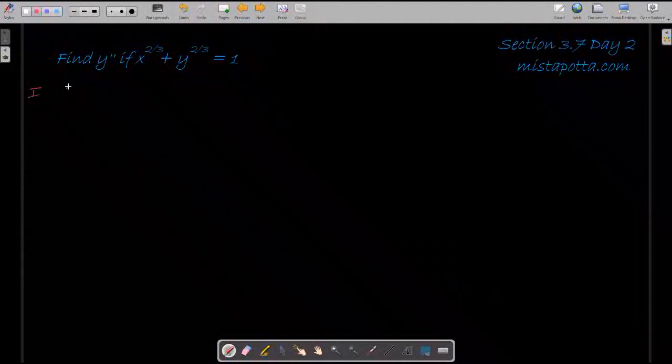So this is going to give me 2/3 x to the negative 1/3 plus 2/3 y to the negative 1/3 dy/dx equals 0.